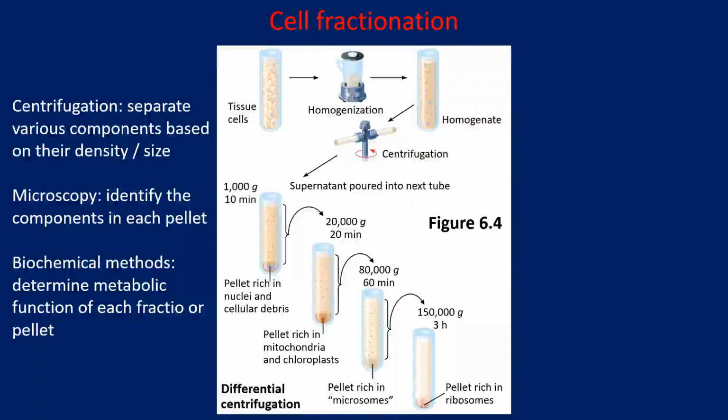For the centrifugation, at lower speed you can separate out the larger components, and at higher speed you can separate out the smaller components of the cell. And the fractionation of the cells will enable specific cell components to be studied, and at different speeds over here you can see you are able to obtain different organelles of the cell.